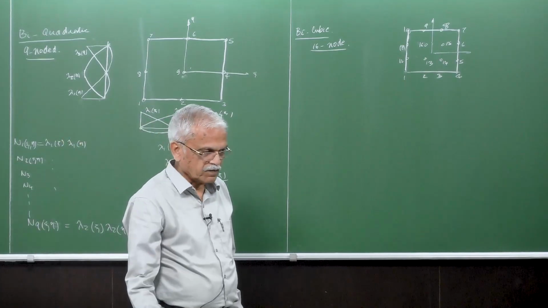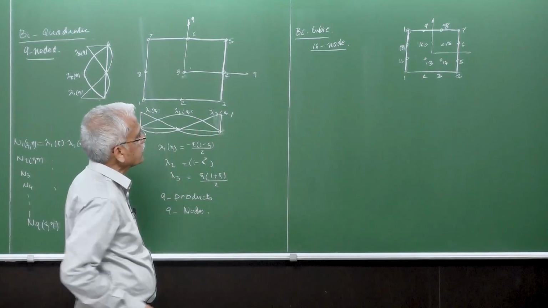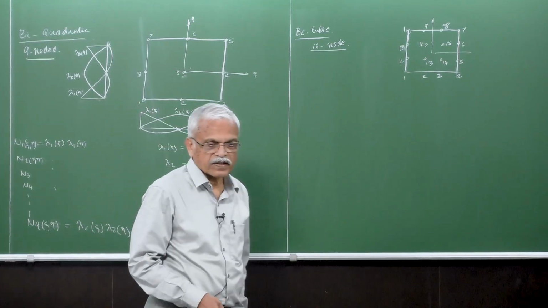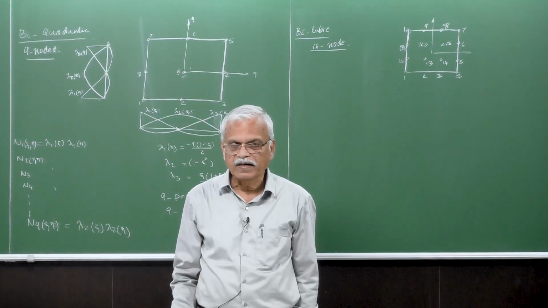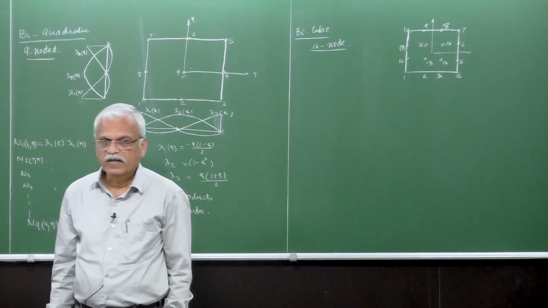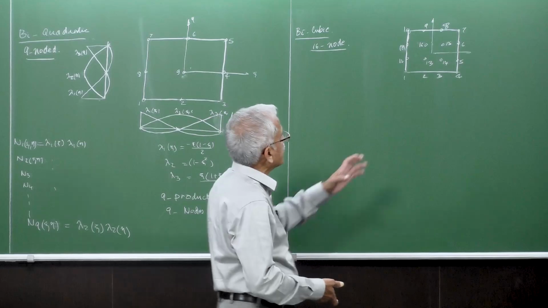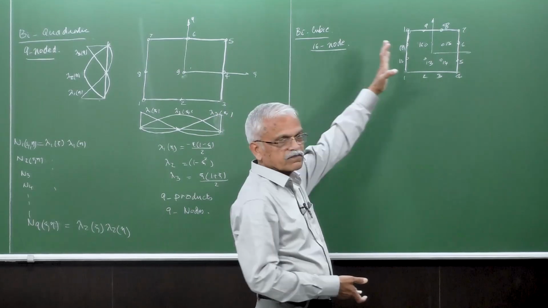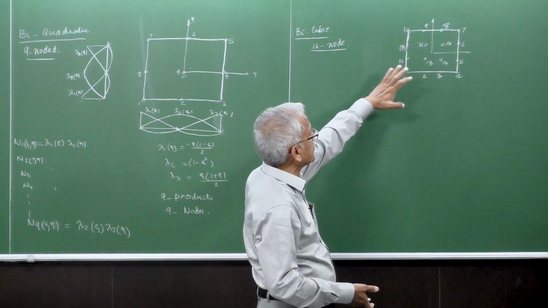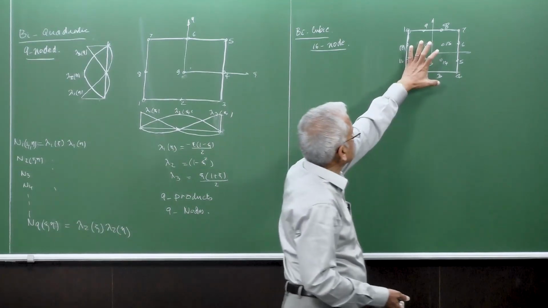If you look a little carefully, it's very important. Those nodes really do not contribute anything for inter-element compatibility, and so while assembly, they will not be assembled with any nodes of the neighboring elements. They are exclusively for this element.